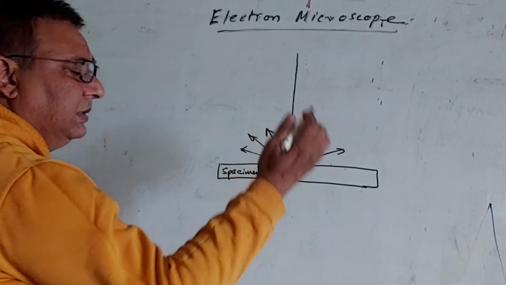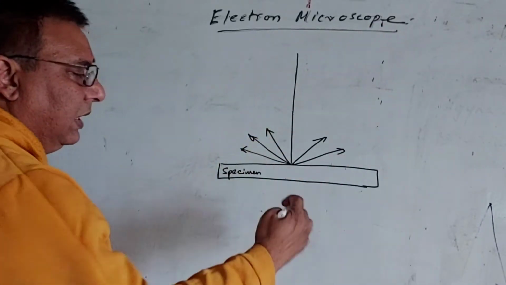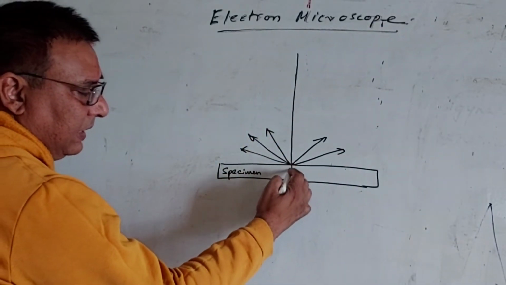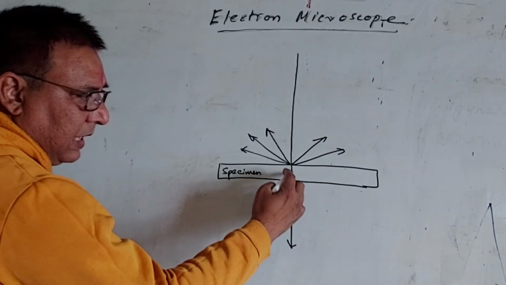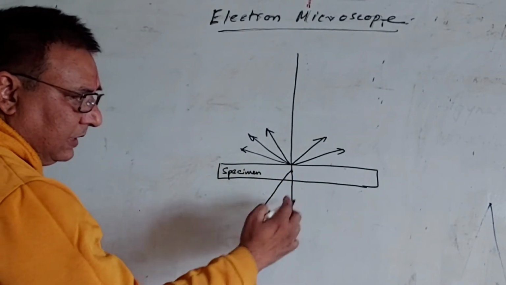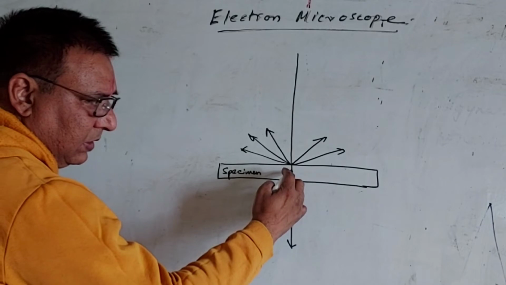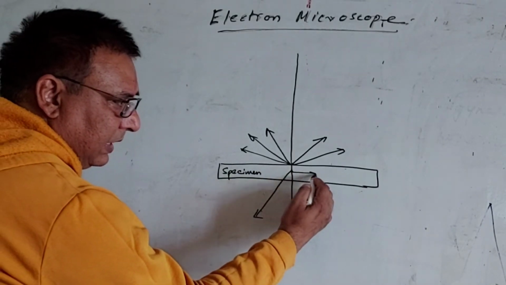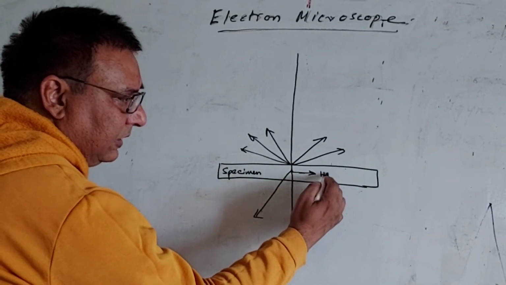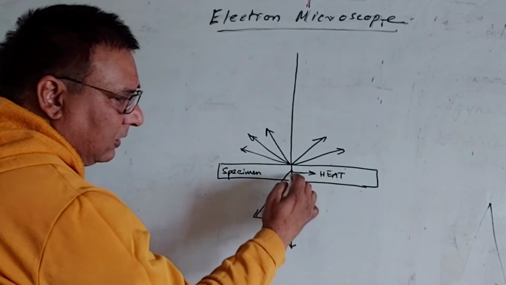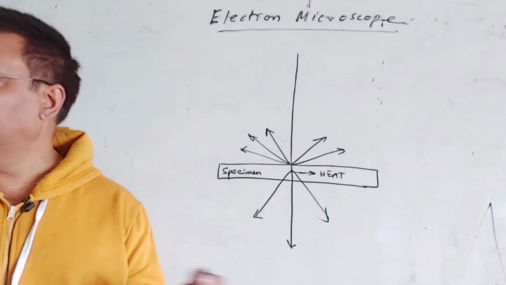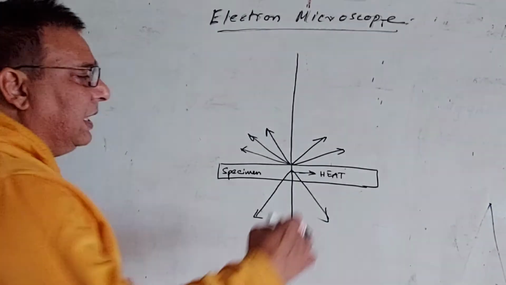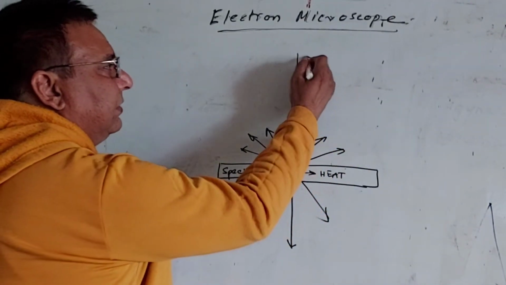Different types of lights are being produced, and some of the light gets transmitted downward. Some of the light gets deflected like this. Some of the light enters into the matter, producing heat. So this kind of interaction occurs.